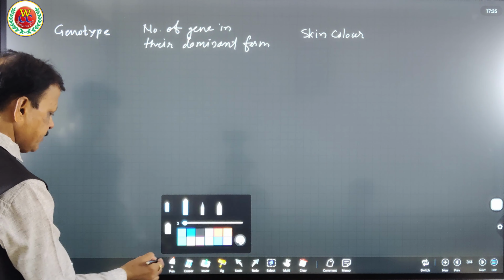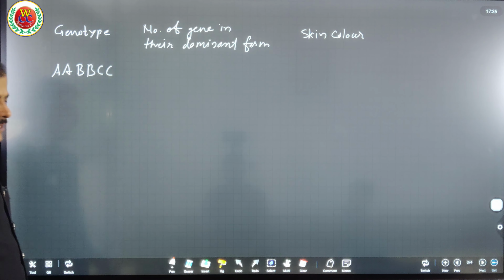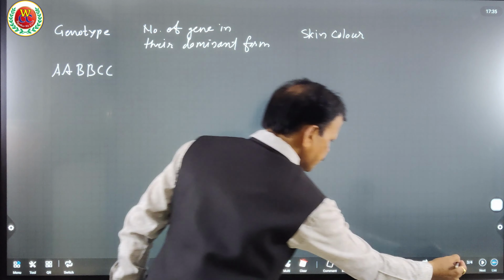Genotype: capital A, capital A, capital B, capital B, capital C, as I have explained to you where they are located on the chromosome. The same I am going to now explain to you.